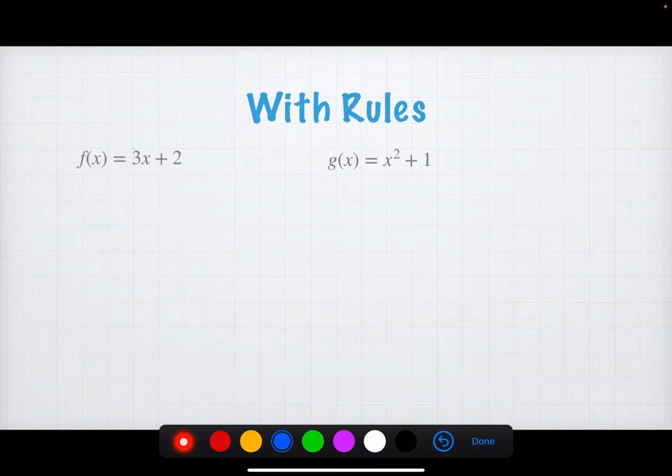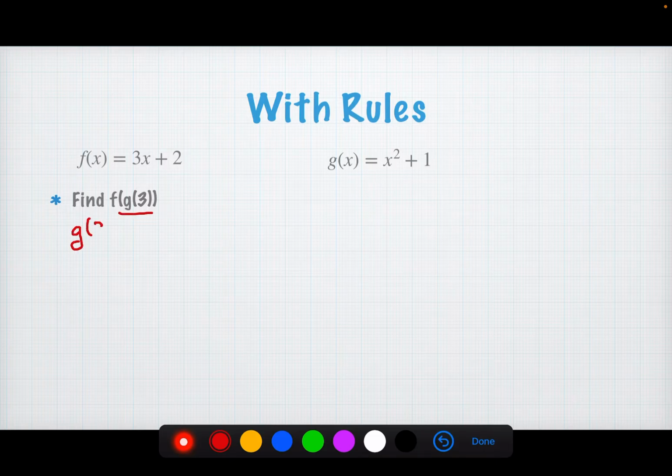Starting with equations, let's say we have these two functions, f and g, and we're going to find f of g of 3. Start on the inside. g of 3 is 3 squared plus 1, so that's 10. Now I'm going to plug that answer into f. So f of 10 is 32 when I plug into 3x plus 2.